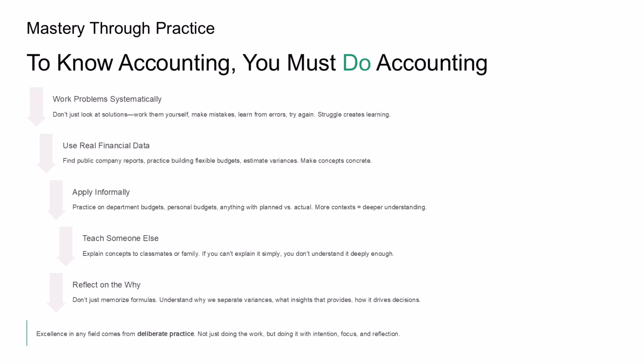Same principle applies to accounting and business. You won't master variance analysis by accident. You'll master it by deliberately working problems, by seeking feedback, by pushing yourself beyond comfort. That's the work, and that work pays off for your entire career. Now let's wrap up with how all of this connects to your professional future.